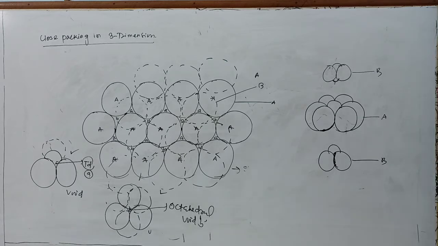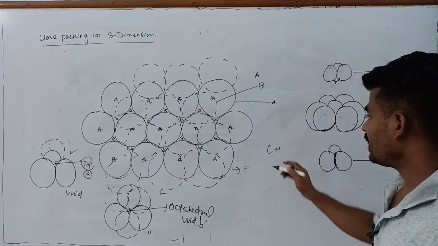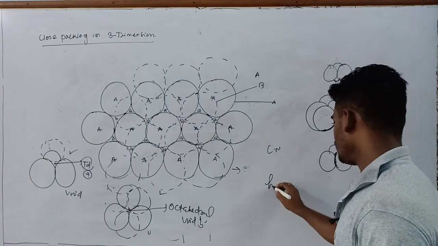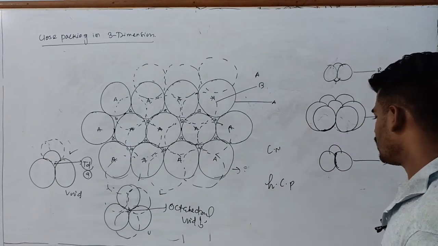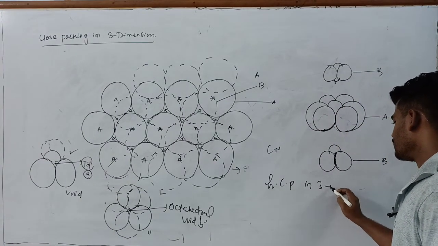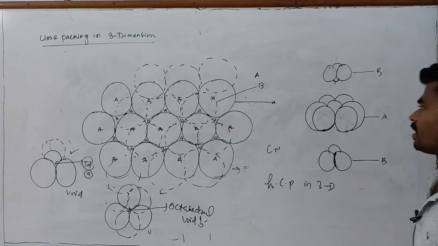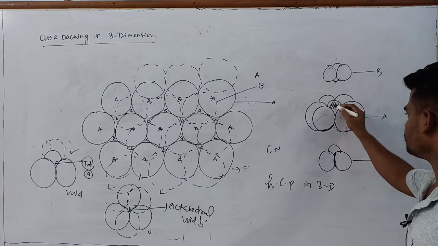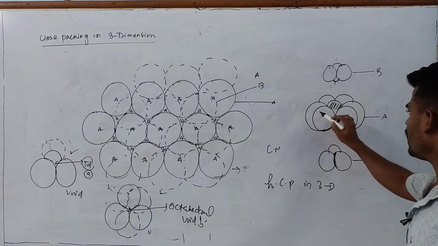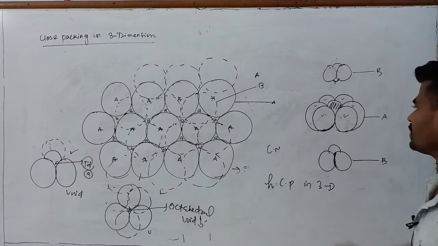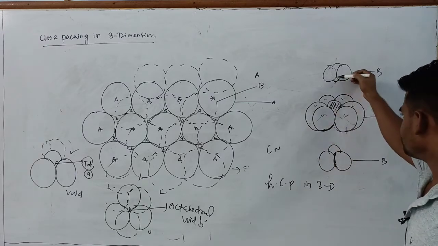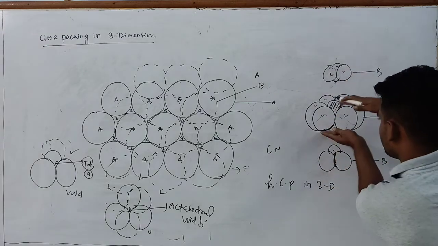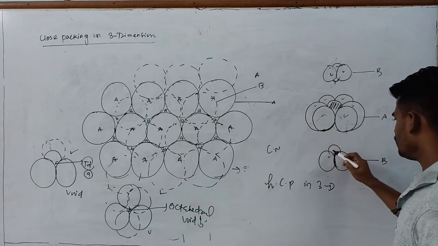Now if I consider its coordination number, this type of packing is hexagonal close packing. This is known as HCP, hexagonal close packing in 3 dimensions. So for the coordination number, you just target this sphere. It is connected to 1, 2, 3, 4, 5, 6, and these 3 spheres are also touching this sphere, 1, 2, 3, and from below these also touch, 1, 2, 3.